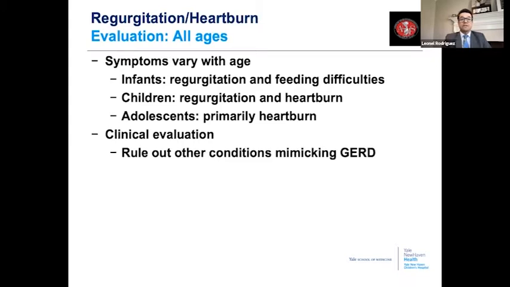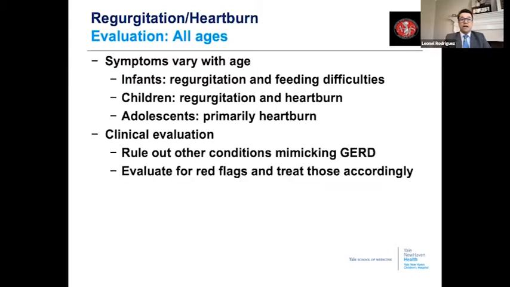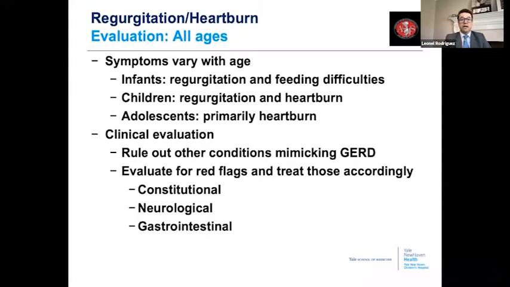The evaluation is aimed in pediatrics at ruling out other conditions that may mimic reflux, and also to evaluate for red flags and treat those accordingly. Those include constitutional red flags, which may point towards systemic conditions, neurological red flags, which may point towards increased intracranial pressure that might be the reason for the GI symptoms, and other GI symptoms, including forceful vomiting or abdominal distension that points towards mechanical problems.